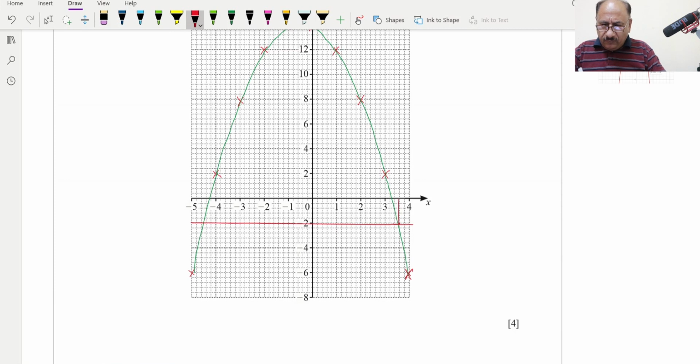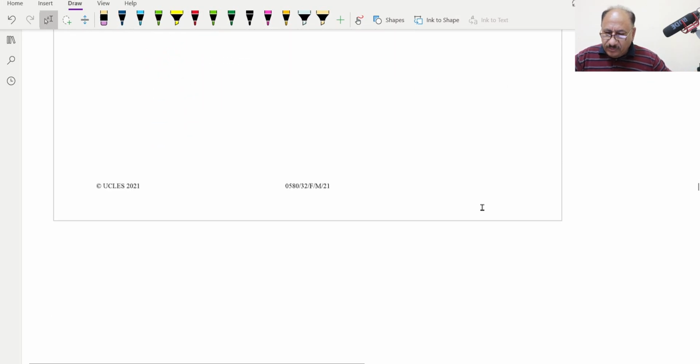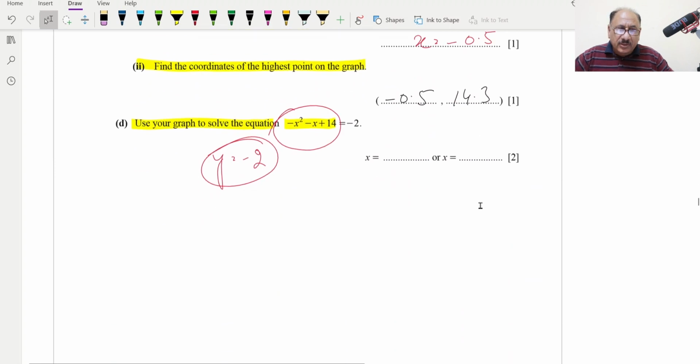So x values for this will be these two. One on this side will be -4.6, and the other side will be 3.6. These are the two x values. So two solutions: -4.6 and 3.6.